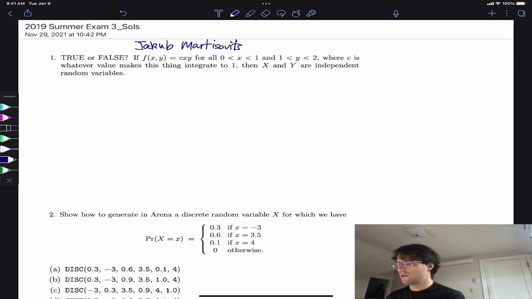Other things I would recommend: one way to know if you are in a good place for the exam is if you're able to solve all the questions on the practice exams, both this practice exam and the previous practice exams for exam 1 and 2, as well as being able to solve any of the homework questions.